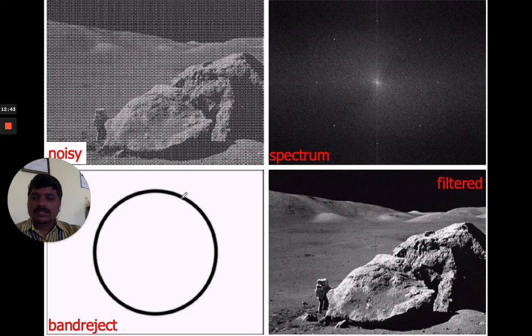We'll move on. This is the output of the filter. This is the noisy image which you have passed. This is the spectrum output, and this is the band reject filter. After performing the band reject filter, this is the filtered output.